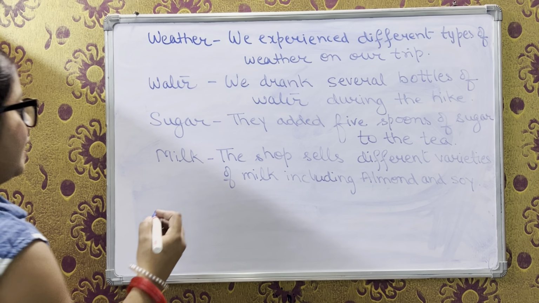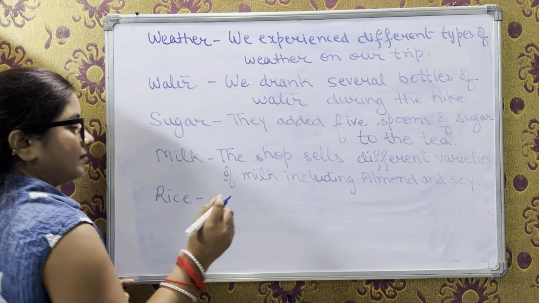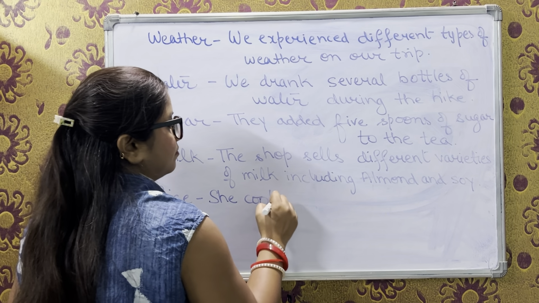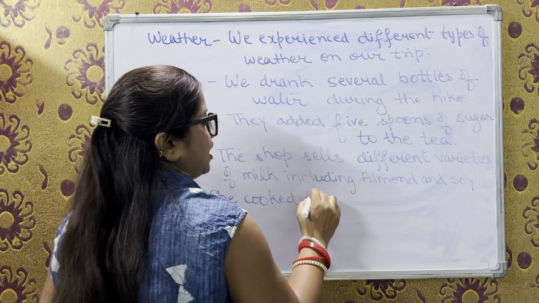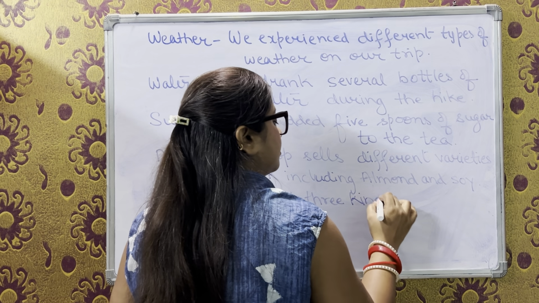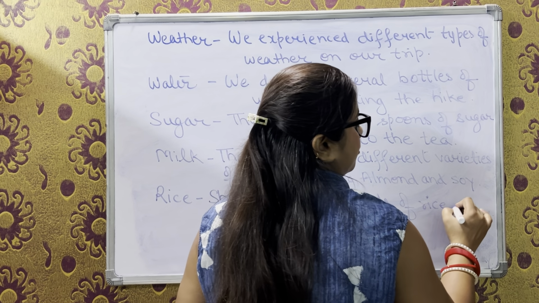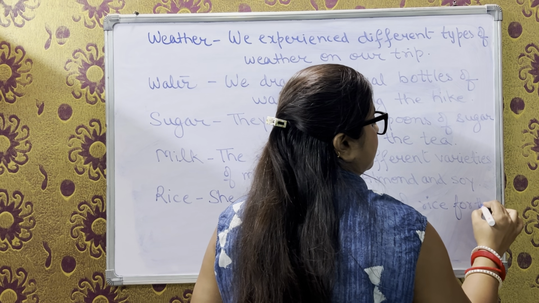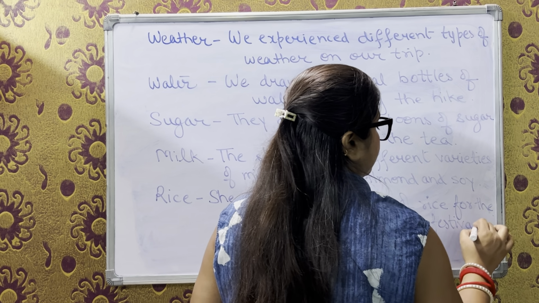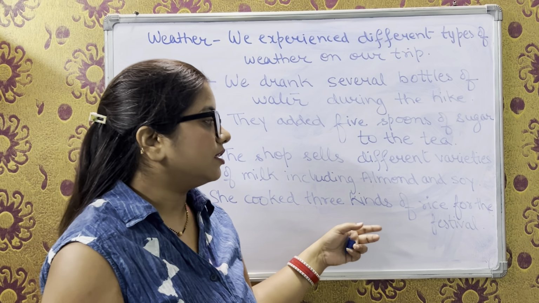The next word is rice. She cooked 3 kinds of rice for the festival.